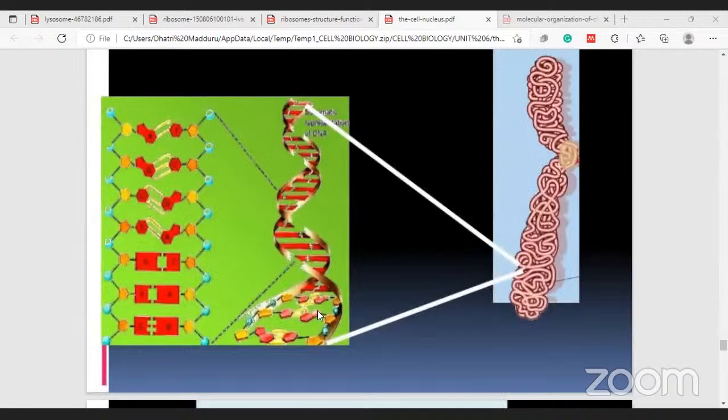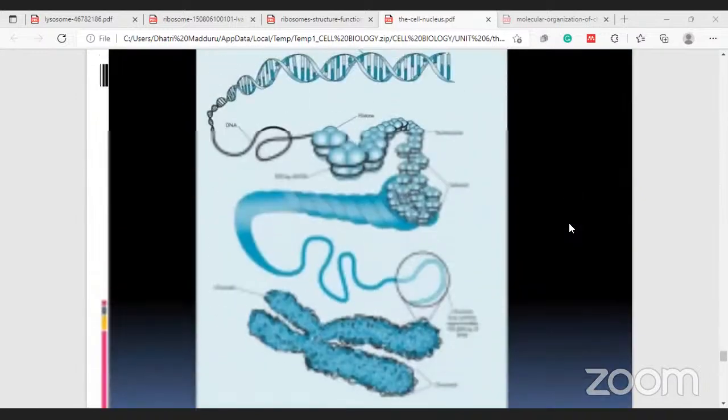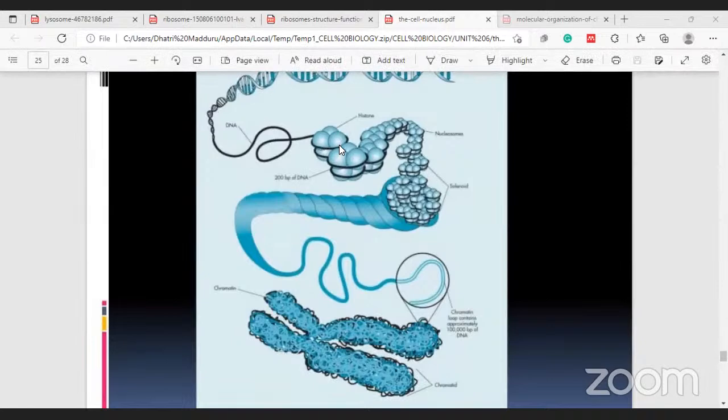So see how the DNA is tightly packed and coiled in the form of chromosomes. This is DNA, and with histone proteins it forms nucleosomes and goes on packing tightly, and finally after the chromatin is packed, chromatids are formed.